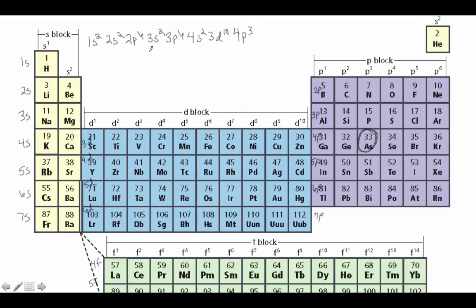So this is the configuration for arsenic, and you can see how I just used the periodic table to get that. Getting the noble gas configuration is very easy. All you have to do is look at the element that you have here, find the noble gas that's right above it, put that in brackets, which is argon in this case, and then go ahead and start from here. So argon, and then 4s2, 3d10, 4p3.